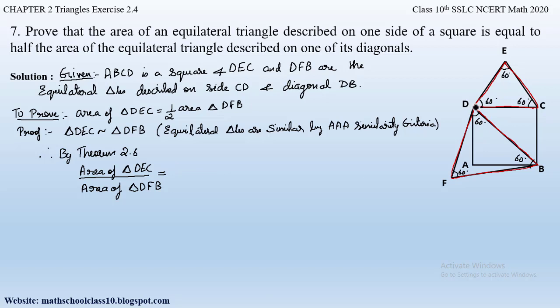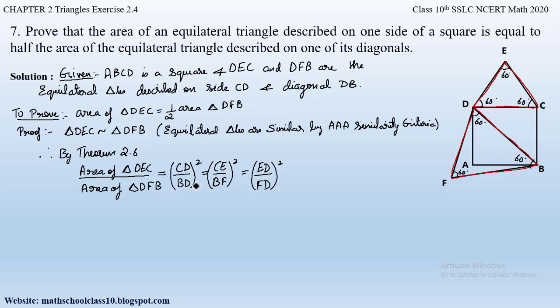So we will take (CD by DB) the whole square is equal to (CE by BF) the whole square, and that is equal to (ED by FD) the whole square. Here we are going to take the ratio of one side and prove that the area of triangle DEC is half the area of triangle DFB.